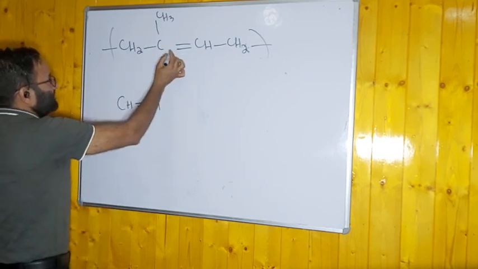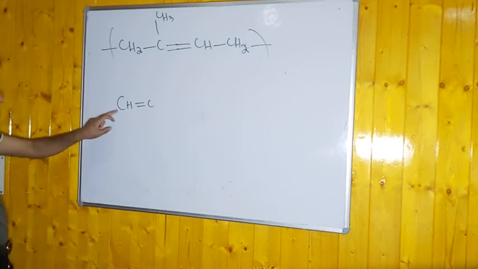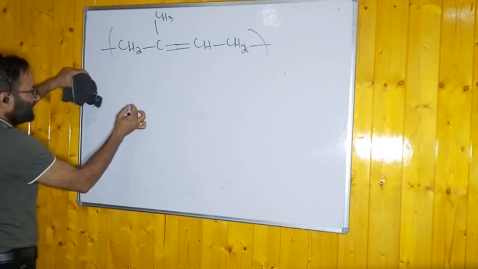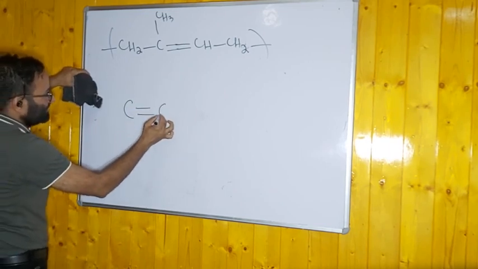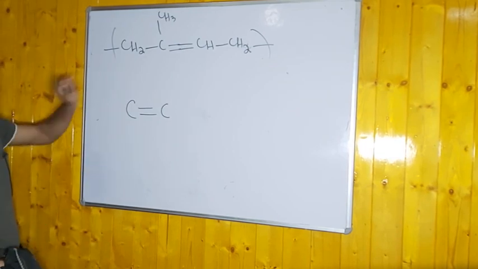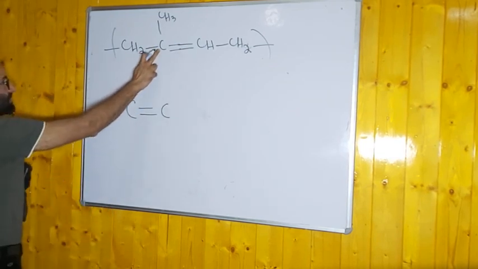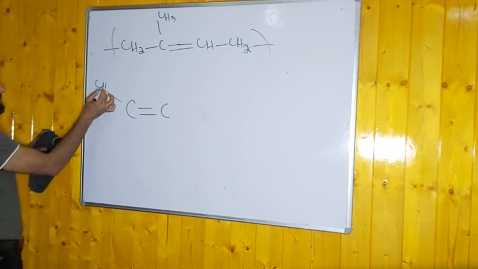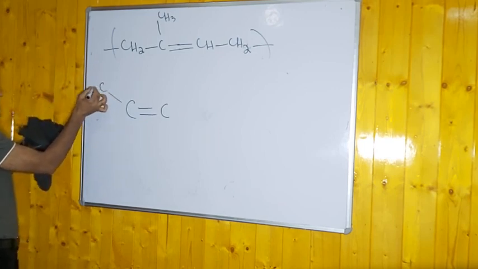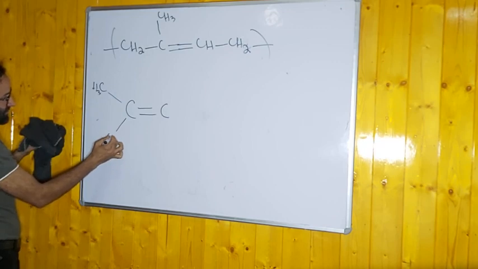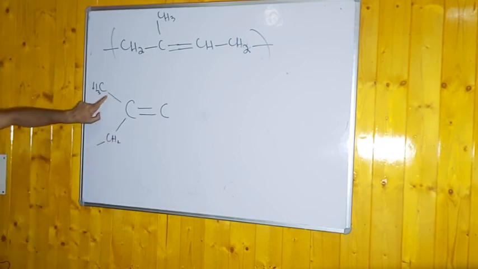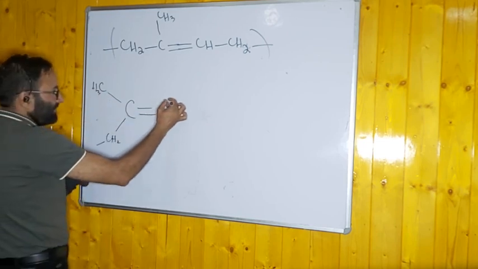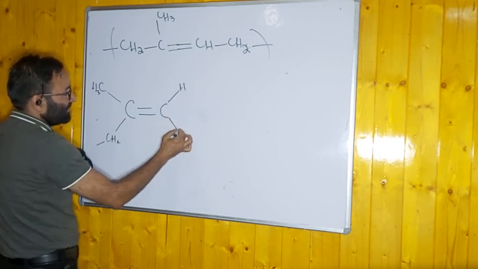Here there is no H. Draw it properly, C double bond C. Now arrange the groups present on this carbon and this carbon. Here on this carbon you have one CH2 and CH3. You will have CH3 and CH2. This is the stereochemistry on this carbon, CH3 and CH2. On the other carbon we have hydrogen and CH2.